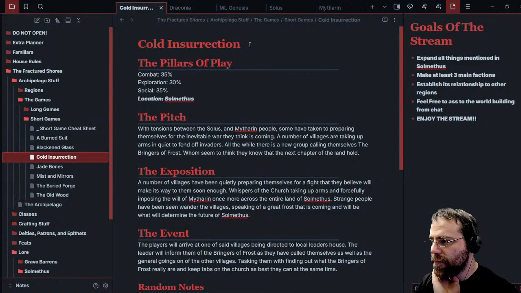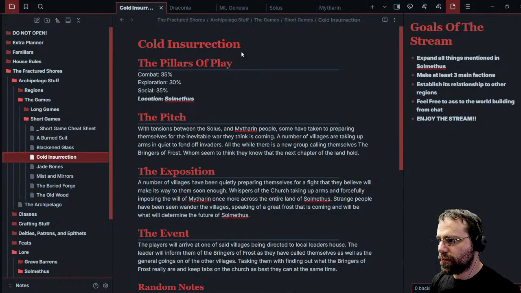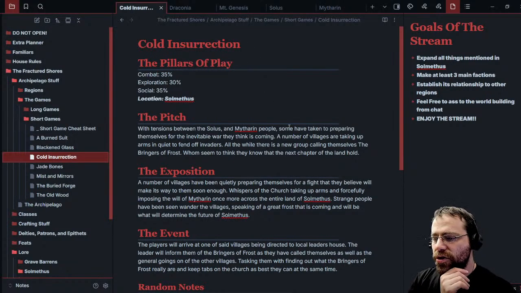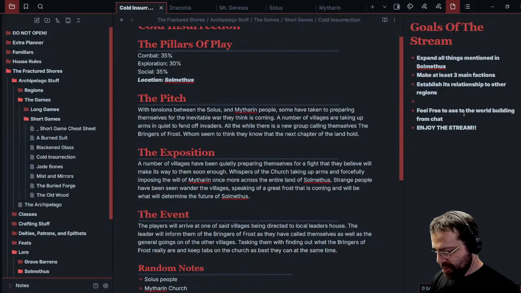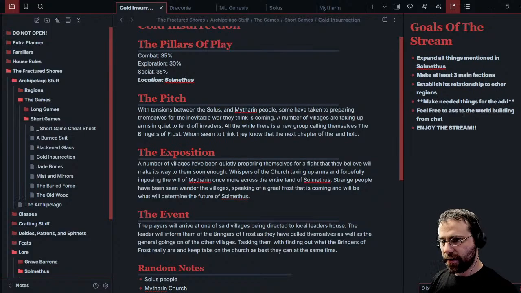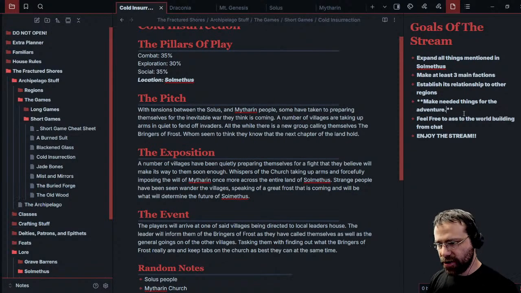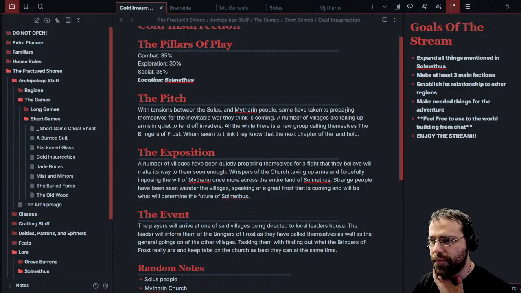Here we go. Cold Insurrection. And that's the other thing I wanted to do. These three factions, establish regions, and then make needed things for the adventure.